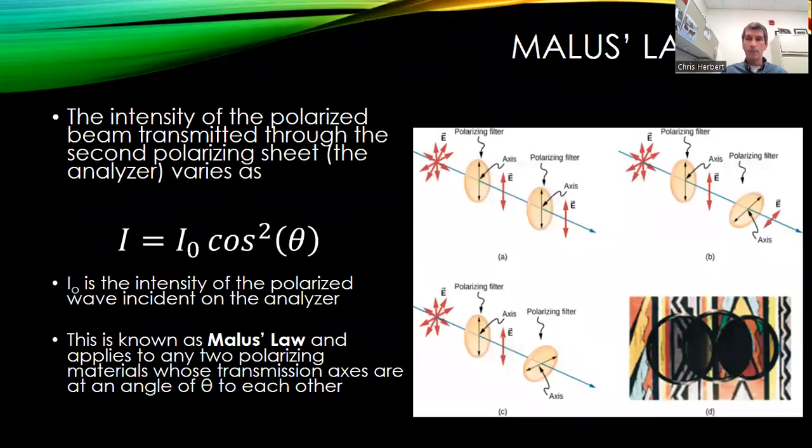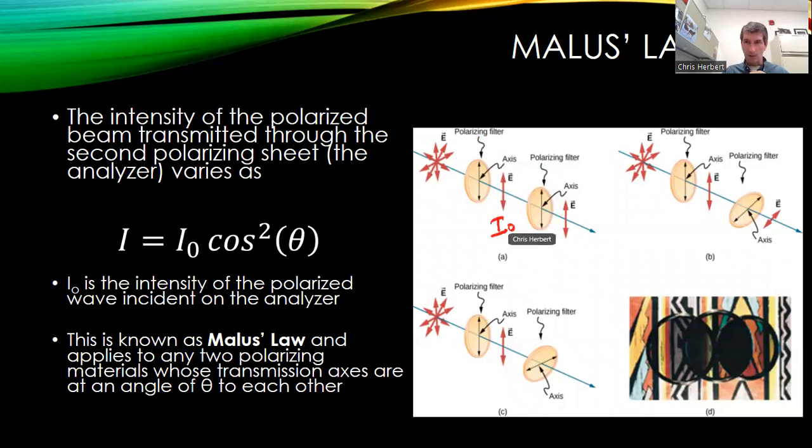Now, Malus's Law tells you how much light is going to go through two polarizers. If I have two Polaroids, which both have the same axis aligned, the first polarizer is going to linearly polarize the light, okay? So at this point right here, my intensity is I0.